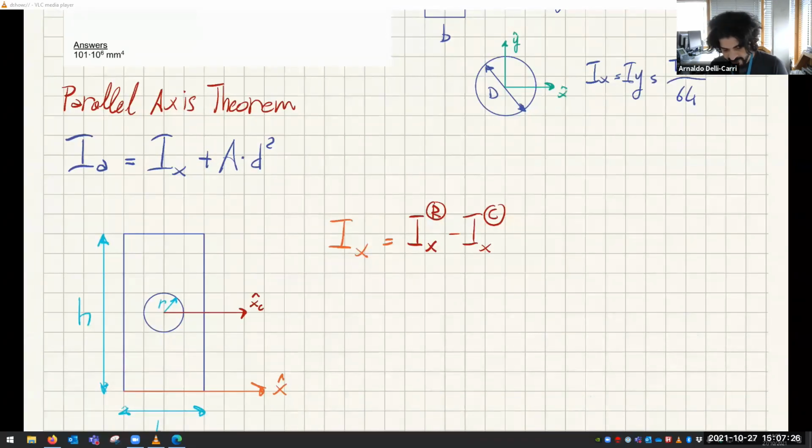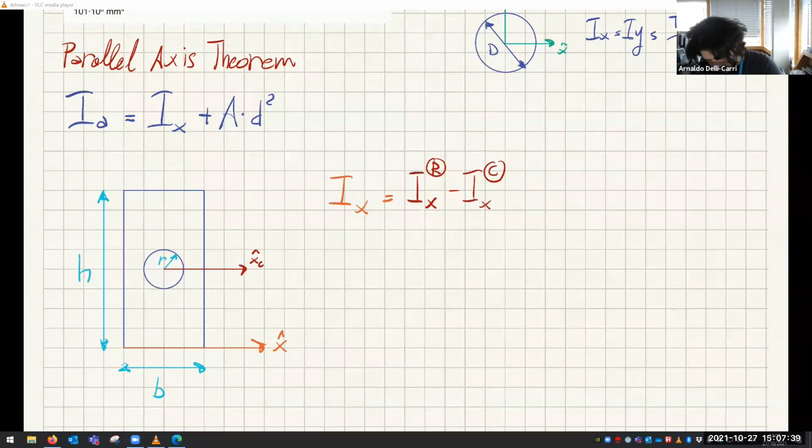Of course, of the rectangle and circle, I don't know Ix, I know Ixc, so let me use the parallel axis theorem here, exactly like this. So this one becomes Ix is Ixc of the rectangle plus the area of the rectangle times the distance between the two axes squared.